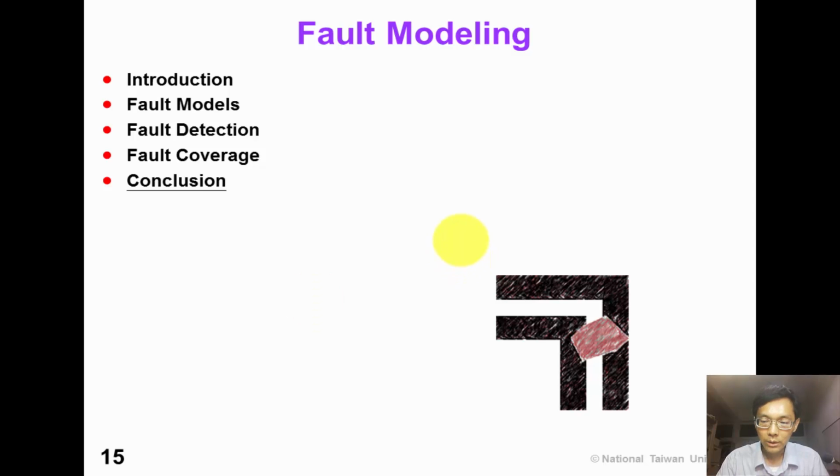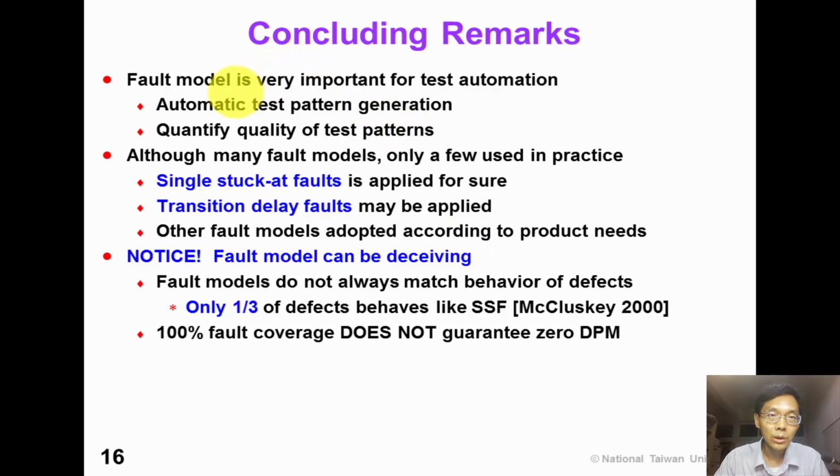In conclusion, fault model is a very important concept for test automation. With fault model, we can automatically generate test patterns. We can also quantify the quality of our test patterns. Although we have introduced many fault models in this chapter, only a few of them are used in practice.